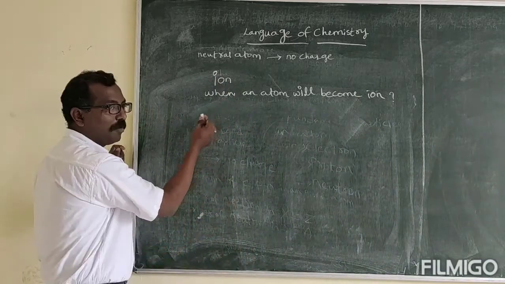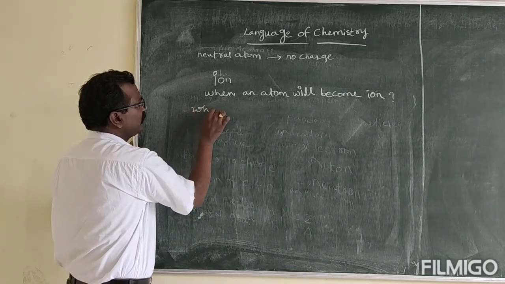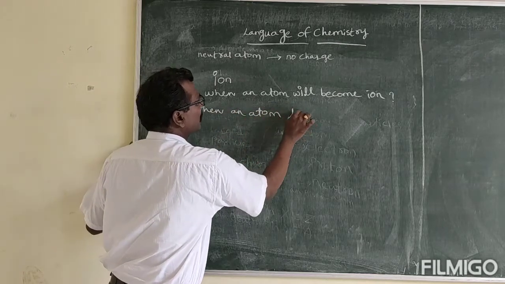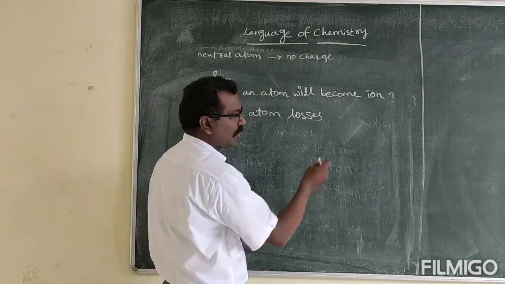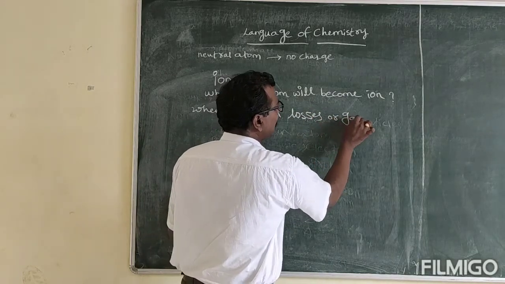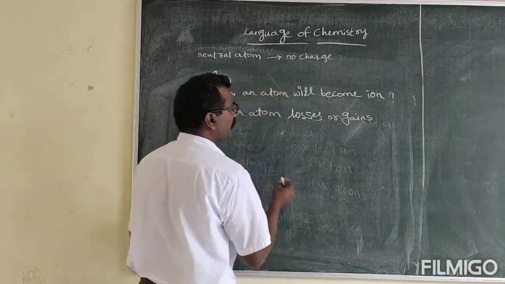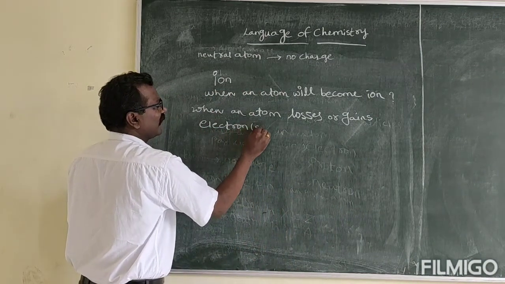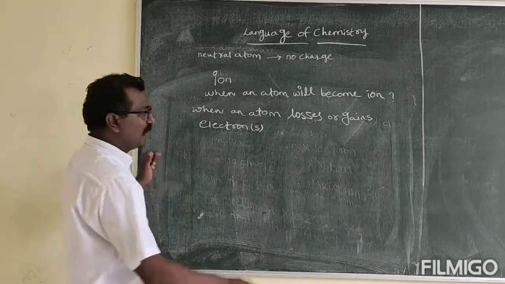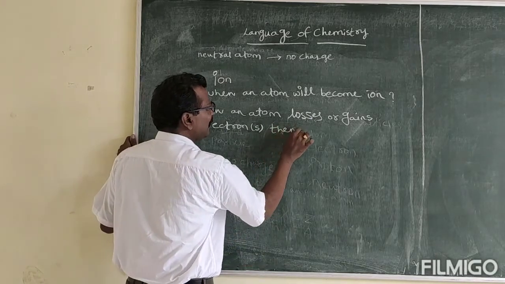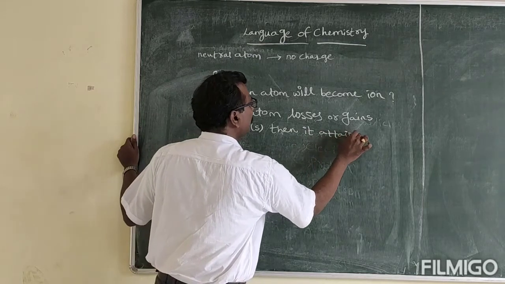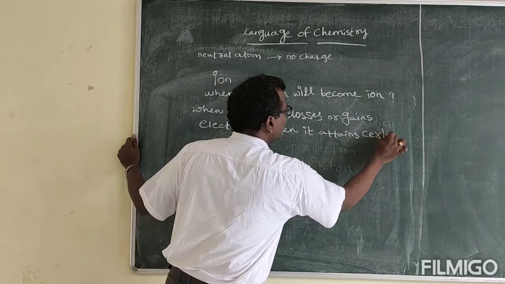When an atom loses or gains an electron or electrons, then it attains a certain charge.